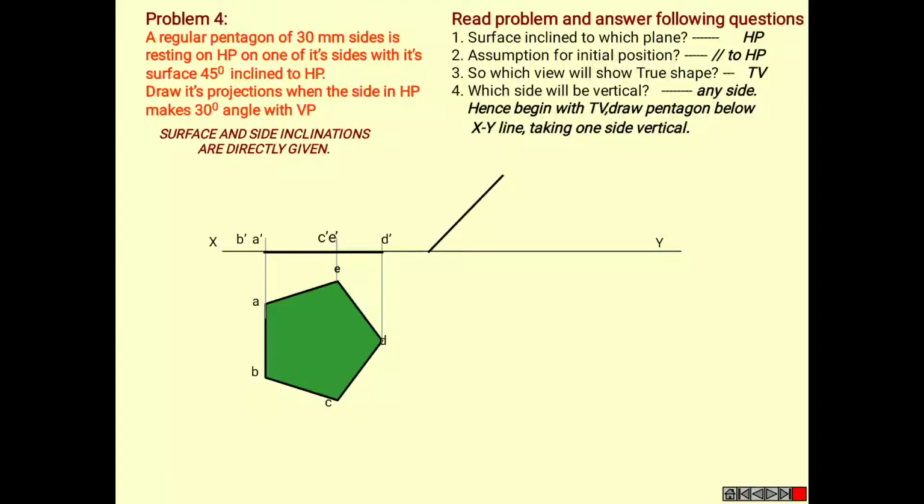Now he is saying one of its sides with its surface 45 degrees inclined to HP. As we know, 45 degrees inclined to HP is seen in VP. So we take the same line B dash, A dash, C dash, E dash, and D dash line to 45 degrees and mark the same points as usual.